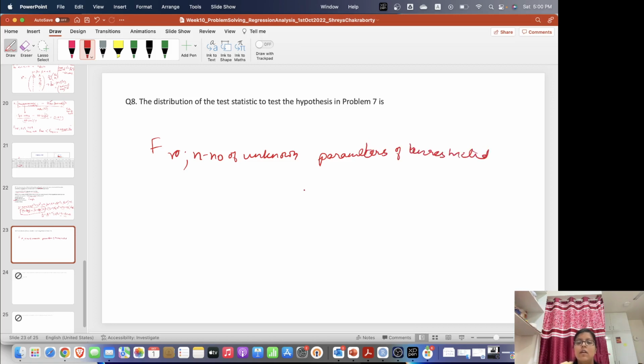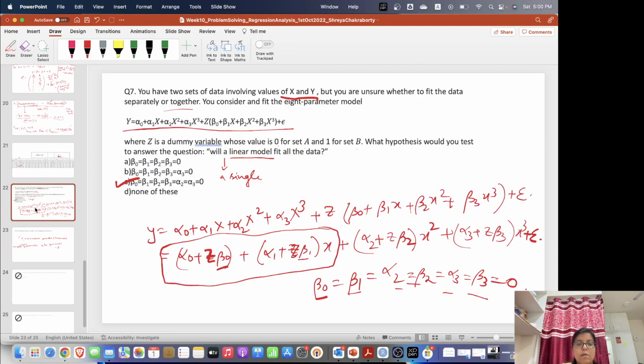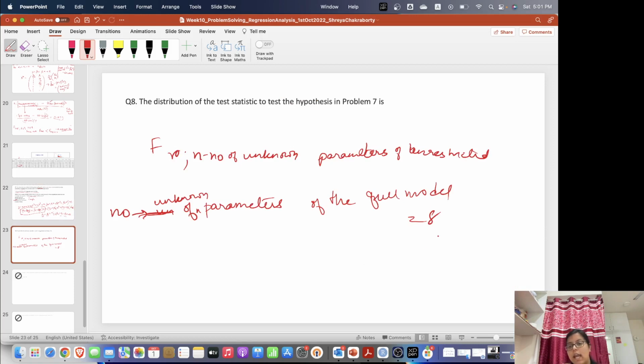So here the number of unknown parameters of the full model is 8, because we have fitted an 8 parameter model: alpha naught, alpha 1, alpha 2, alpha 3, beta naught, beta 1, beta 2, beta 3. So 8 regression parameters are unknown.